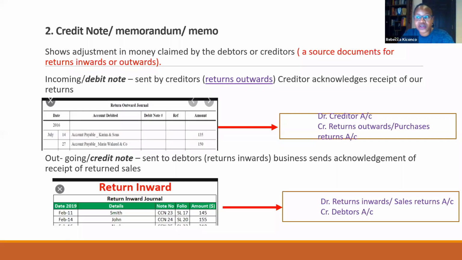Now, the credit note, also called the outgoing credit memo, is sent to debtors. So when the debtors send the goods back, for example, if we sell them goods and they are found to be defective, people have a right to return those goods to you. So when they return the goods to us, remember, these are our debtors.